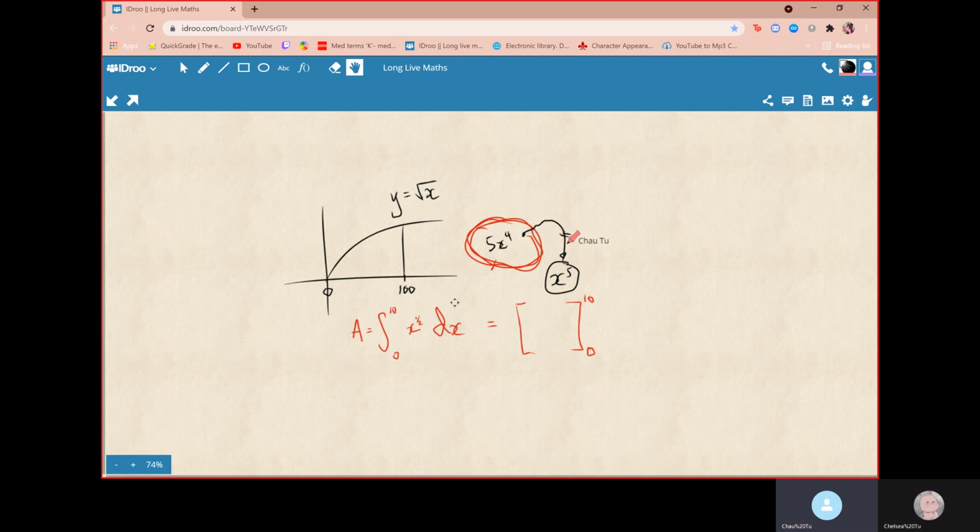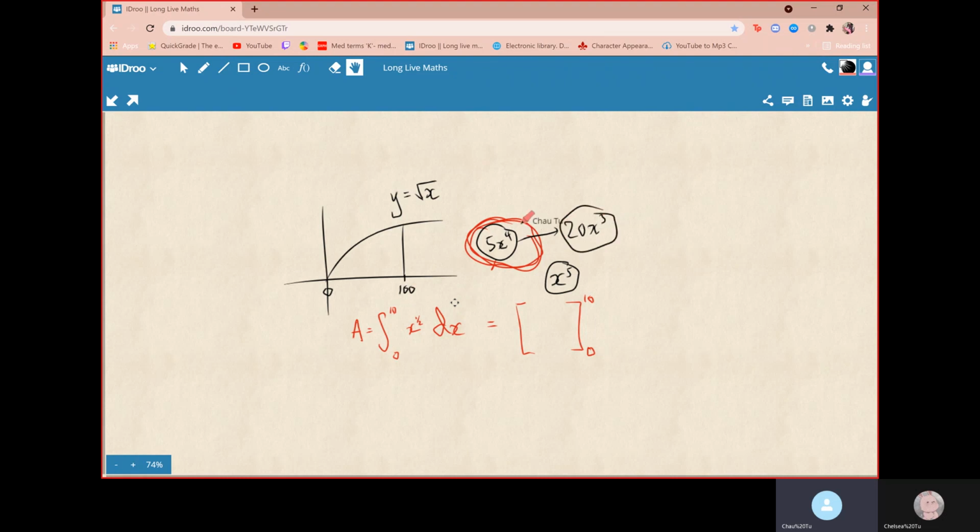Okay, so you're saying 5x to the power of 4. When you differentiate that, does that give me x to the power of 5? No. Differentiate this for me, that will be 20x to the power of 3.